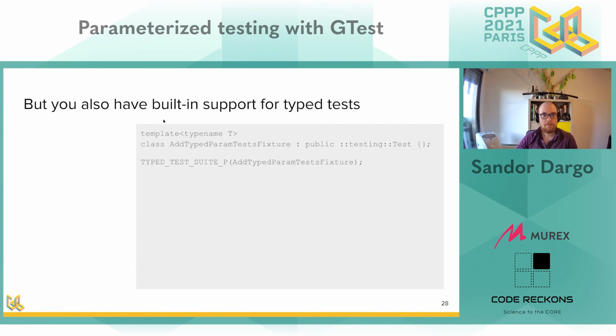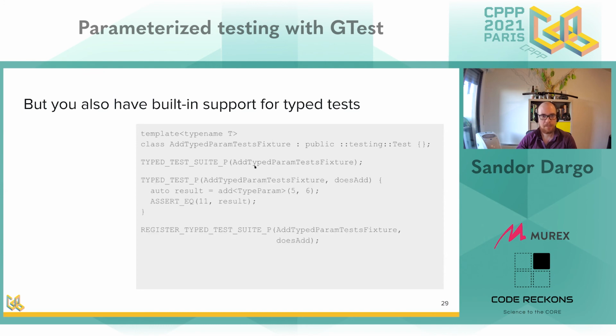But you also have built-in support for these type tests. You can use something that is called the typed test suite. And I found that for this type parameterized test, you have to write quite some boilerplate. So we inherit from testing test, and then we have to register our class with this typed test suite _p.